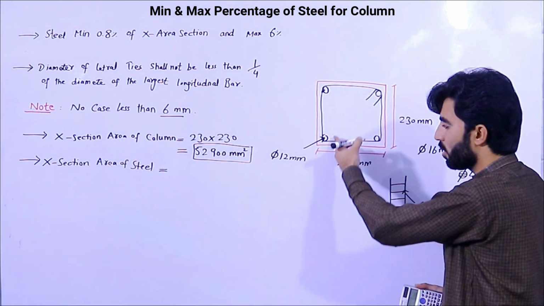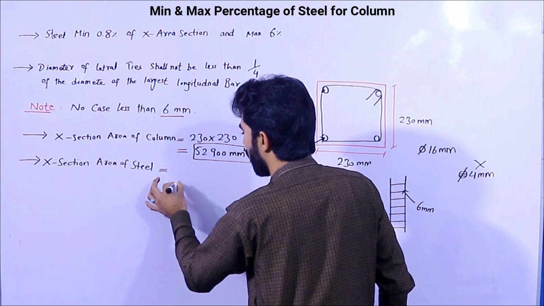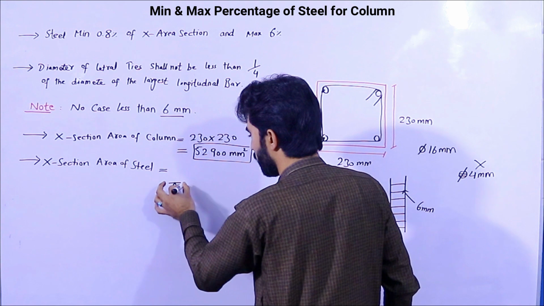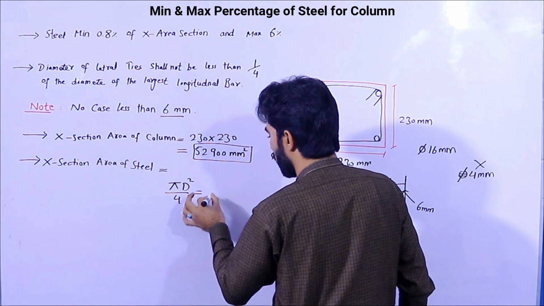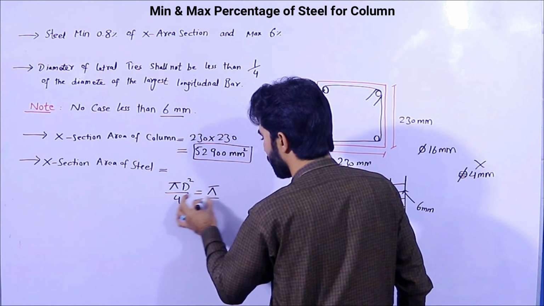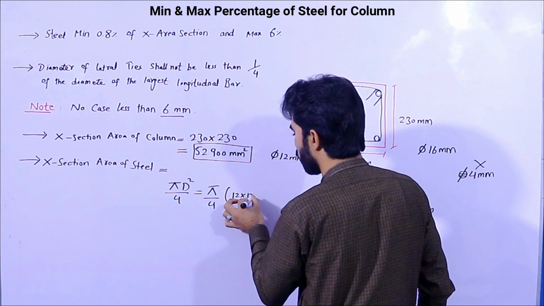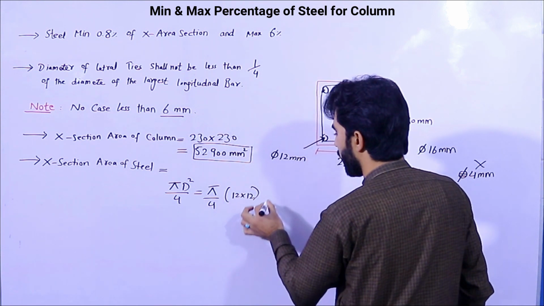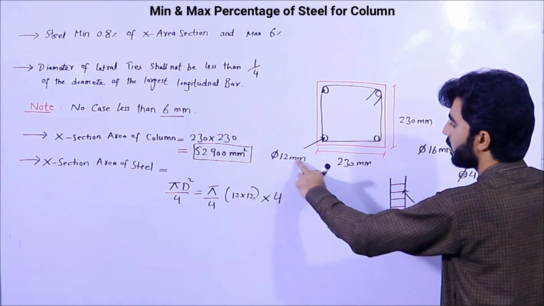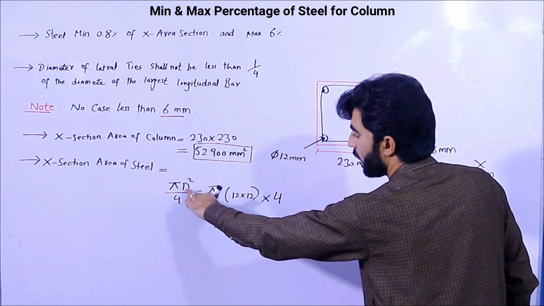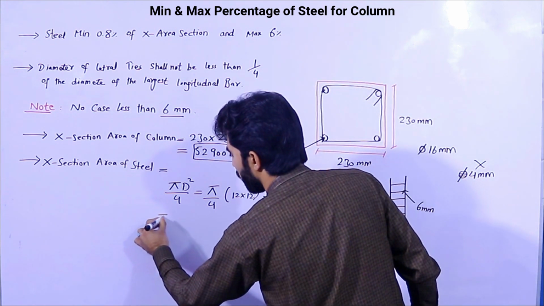So this is the diameter which is 12 mm. So area of one steel rod will become pi d square divided by 4. So now pi divided by 4 into 12 multiply 12, again multiply with 4 numbers. We have 4 numbers. Okay, dia is 12 millimeter. I will find its area.